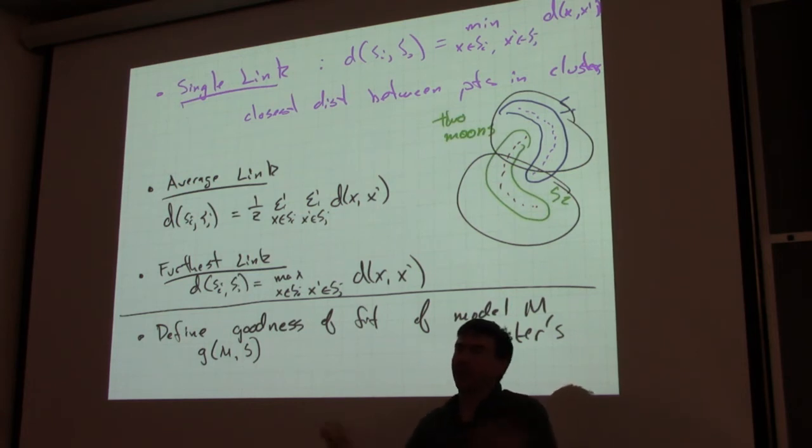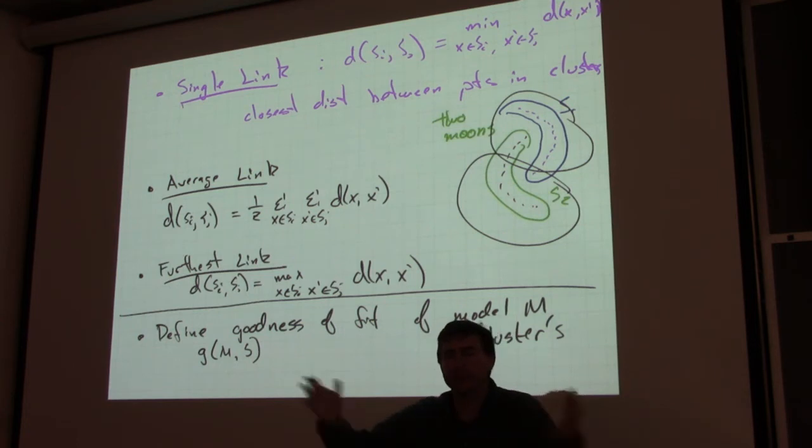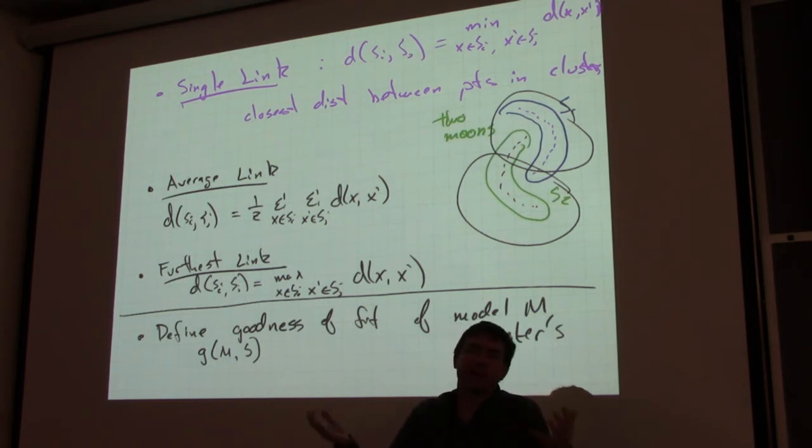Let's say I want it to be large, and it could be anything like the average distance from the mean, right? It could be something like that. But I could do a regression fit to the cluster, and the goodness of fit of the regression fit can give me a score.